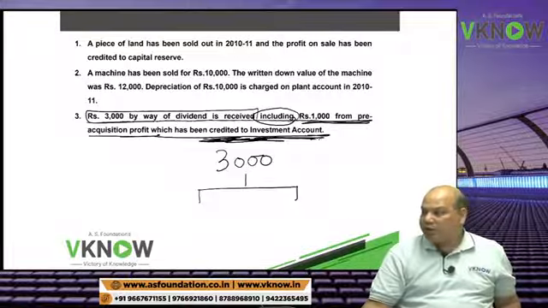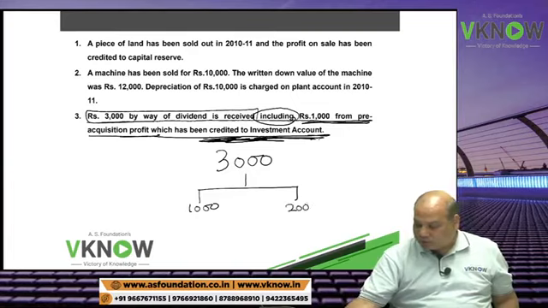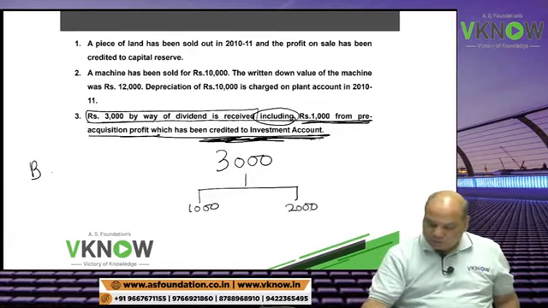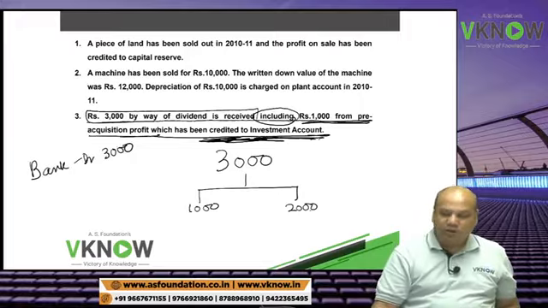So what this company has done is received a dividend of 3,000 rupees. Bank account debit 3,000.